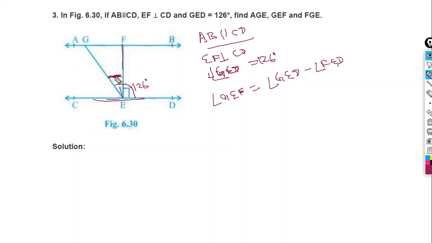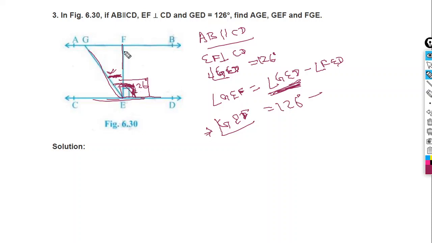This angle GED, minus this 90 degrees, which is FED. Implies angle GEF is equal to GED, which was given to us, 126, minus FED. FED is your 90 degrees.